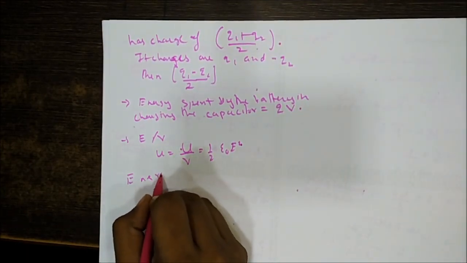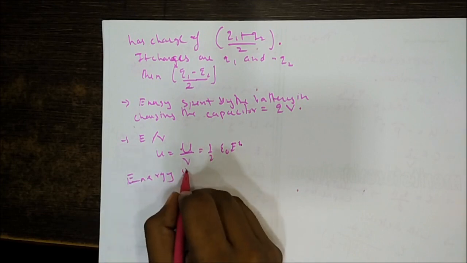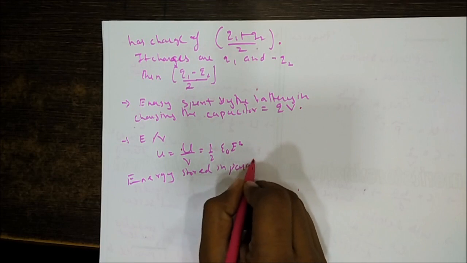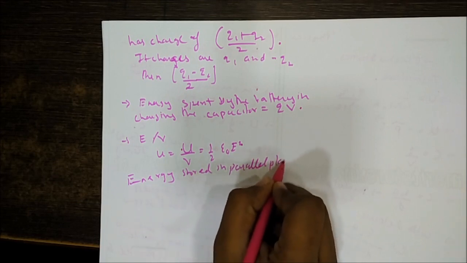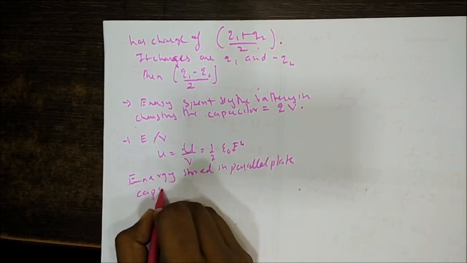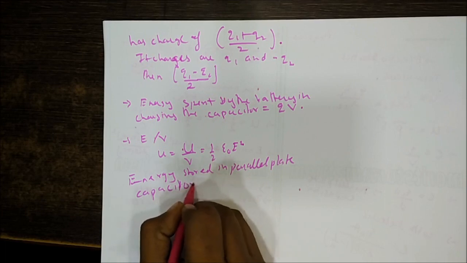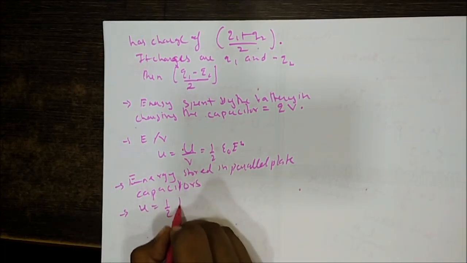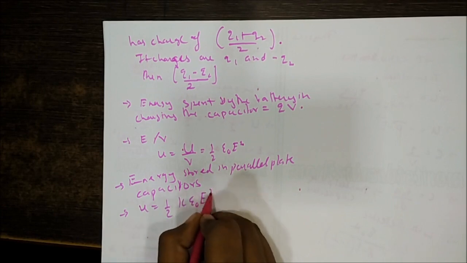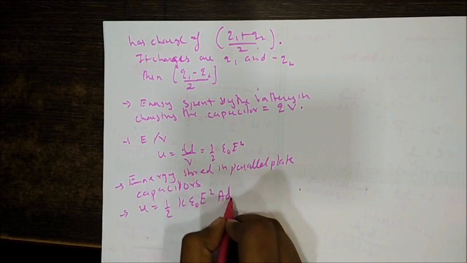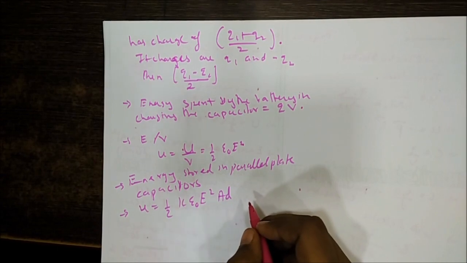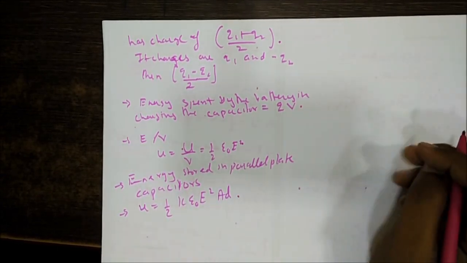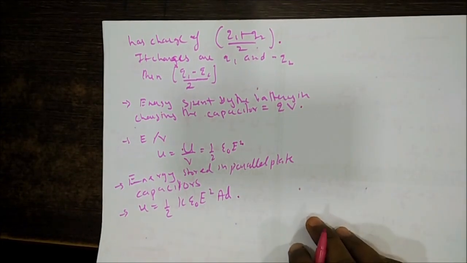Energy stored in parallel plate capacitors is U is equals to half epsilon naught E square into A d. So this is the end of electrostatics. These are all the formulas.